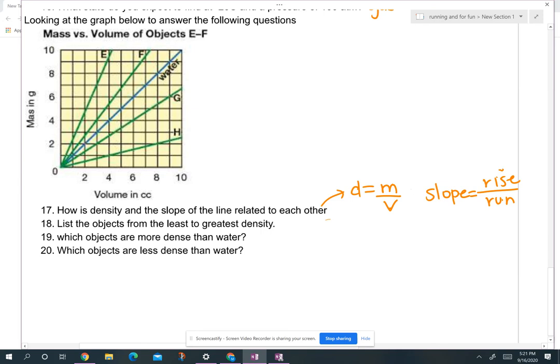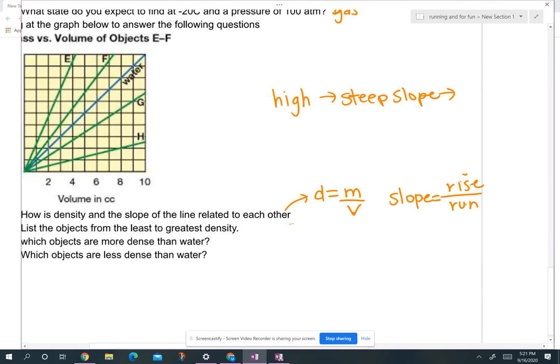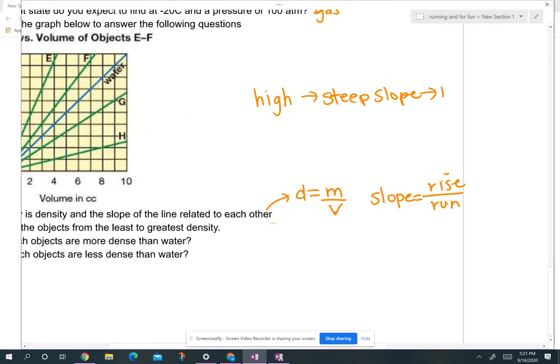If you have a high density, you're going to have a steep slope, because obviously you're going to have a very high rise over run. And this means that it's going to be more dense, and more dense stuff tends to sink, right?